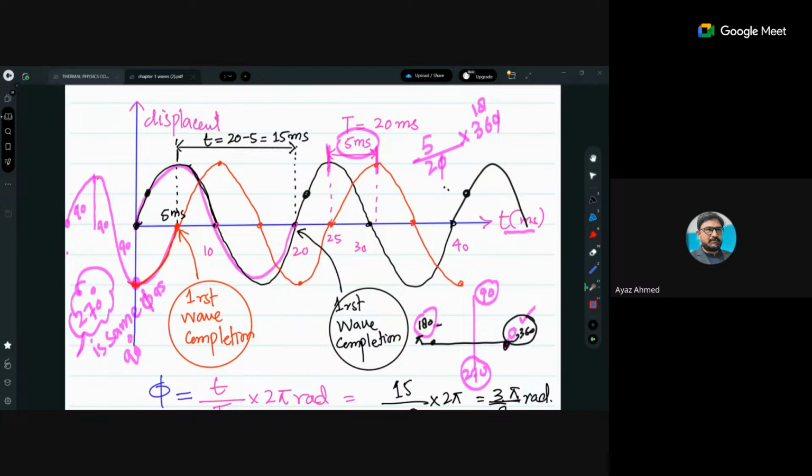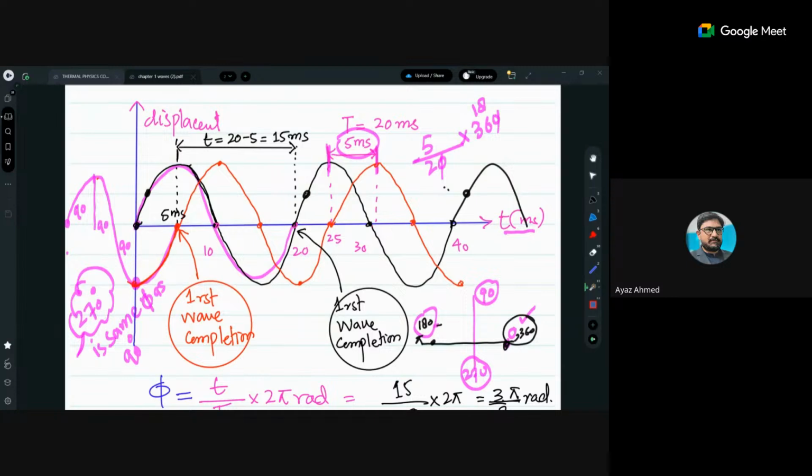At the same time, there is another wave which is starting from time t equals 0, but at the time when we started observing that wave, the wave was at its highest, that is, the particle was at maximum displacement.